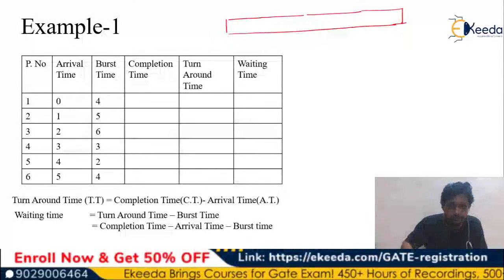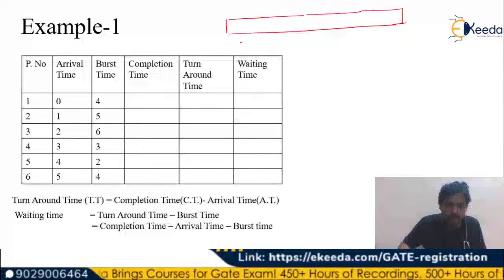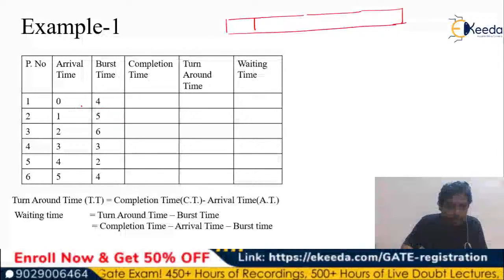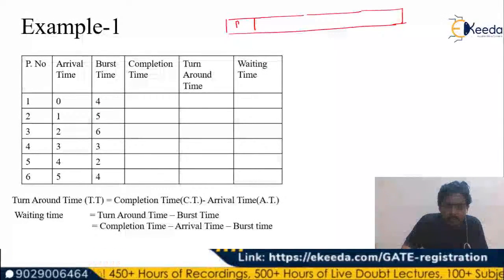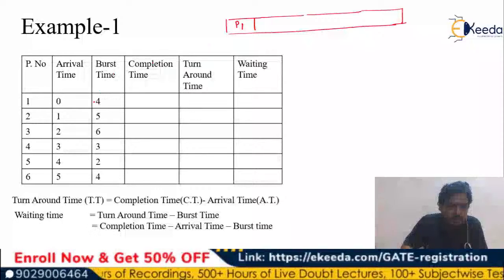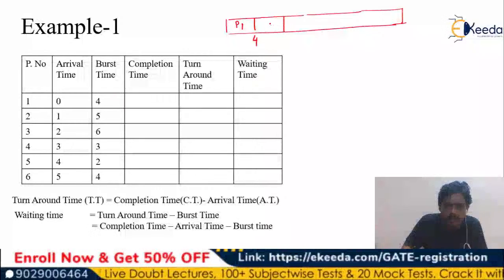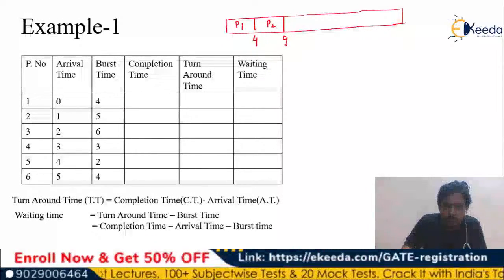Good. Okay, so with that, I can say here that P1 will be served first. It arrived at 0, burst time is 4, so up to 4. The second one to arrive has burst time 5, and that will go up to 9.